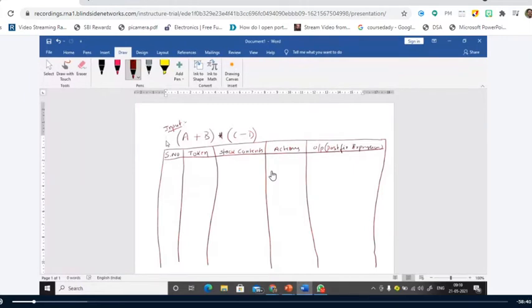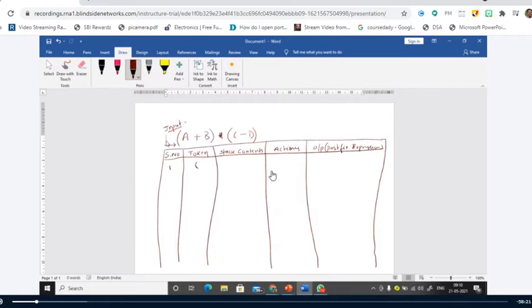The first step is to start scanning the given expression from the left-hand side and read each and every token. Every symbol is considered a token. What is the first token you got here? Opening parenthesis.